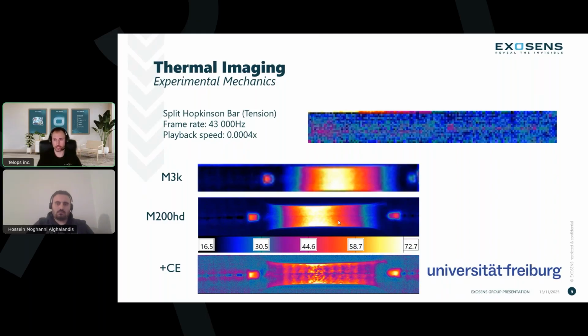And we can see a higher definition from that camera during this particular test as well. Then the one below it is just a contrast enhancement, a feature in our software that allows you to look at the sample or the test or the thermal response in a different way. And sometimes it brings out more information than what you originally see.